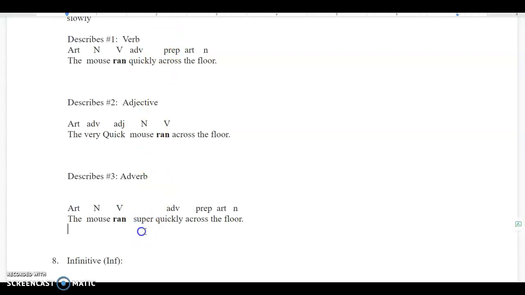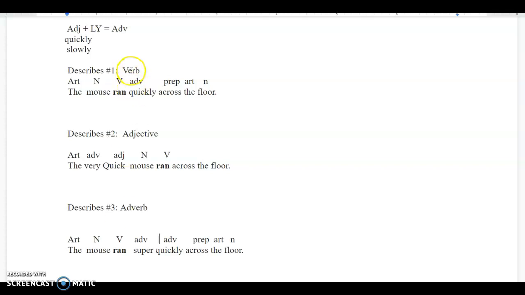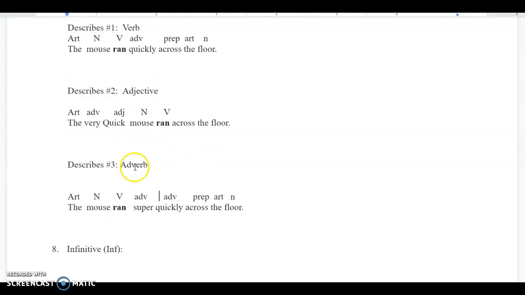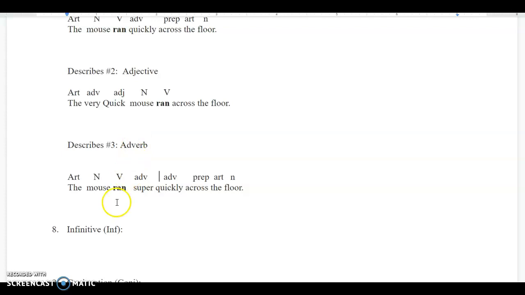So if I say the mouse ran super quickly across the floor, super, I'm describing the quickly, right? I'm not describing the ran. I'm not saying the mouse ran super, right? So I'm saying the mouse ran super quickly. So I'm describing an adverb. So it is an adverb. So remember, adverbs do three things. They describe verbs, they describe adjectives, and they describe adverbs.